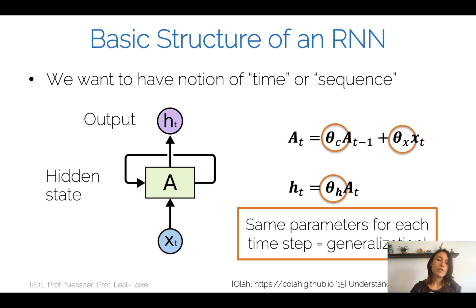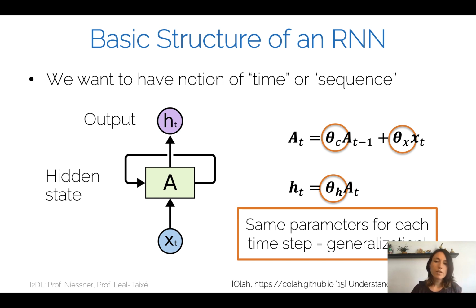Now, the cool thing about neural networks is that the parameters that we're training, the parameters that we are learning with backpropagation, are the same parameters for each time step. So for x1, x2, x3, all the way to xt, all of the inputs are going to be processed with a set of parameters theta x.